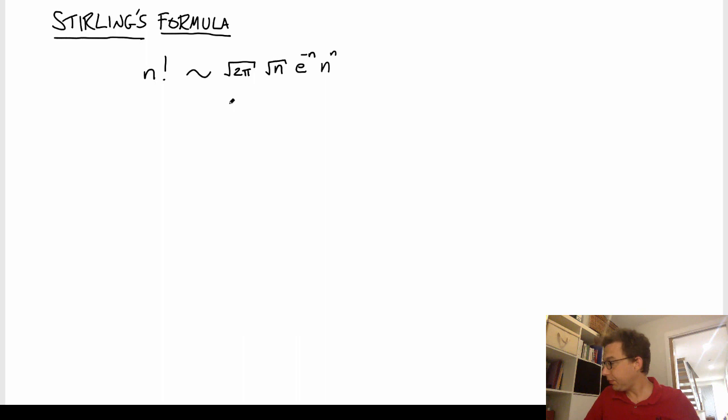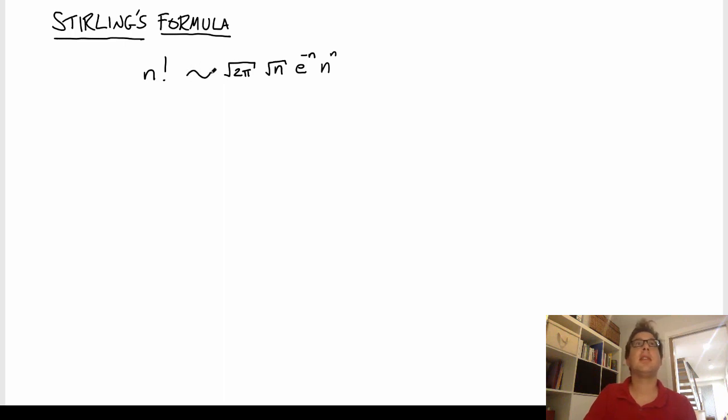So Stirling's formula is quite an important result, as often we'll need to prove results about probabilities when there are really large numbers of events and large numbers of combinations. This formula is going to give us a good approximation of how n factorial behaves.